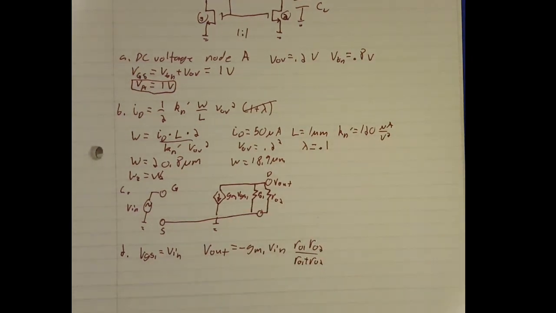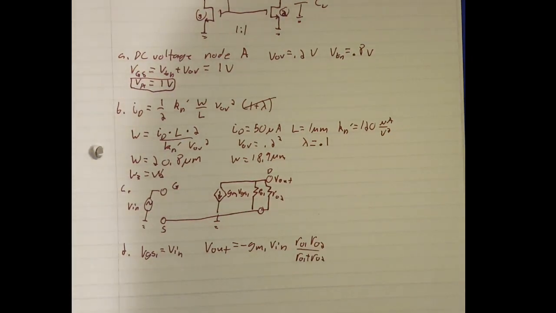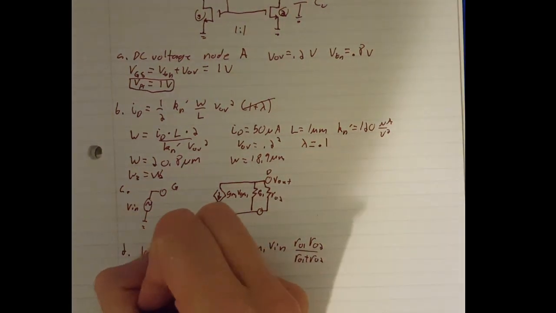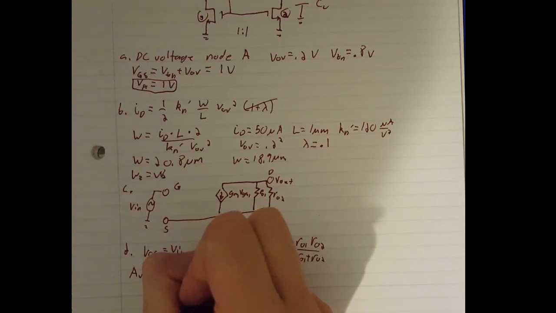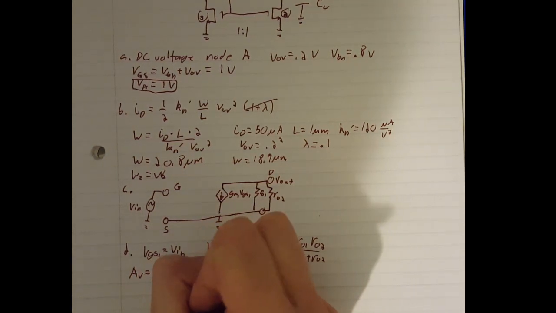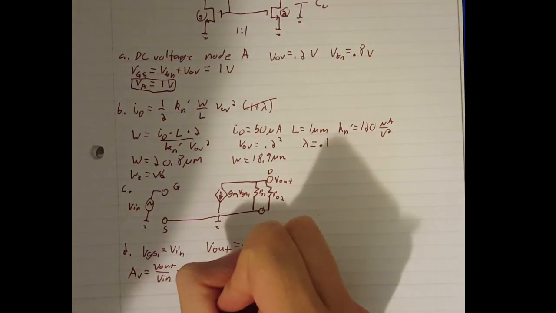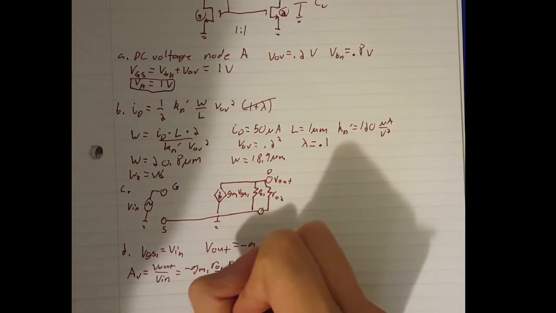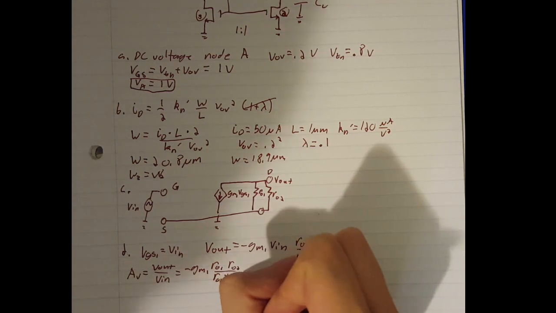This is just these two in parallel. It's just current times resistance equals voltage. Bring this voltage over, and you get AV equals V out over V in equals negative GM1 R out 1 R out 2 over R out 1 plus R out 2.